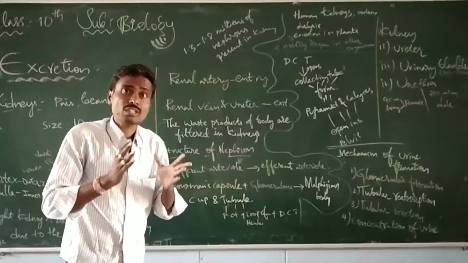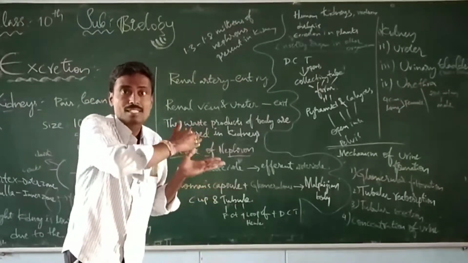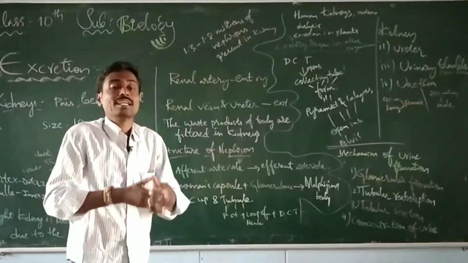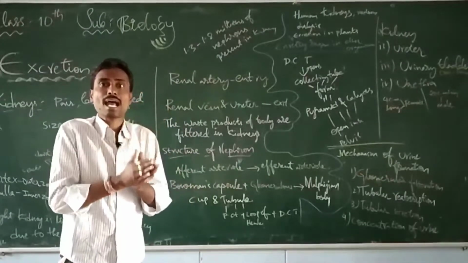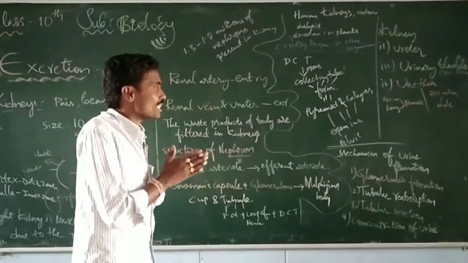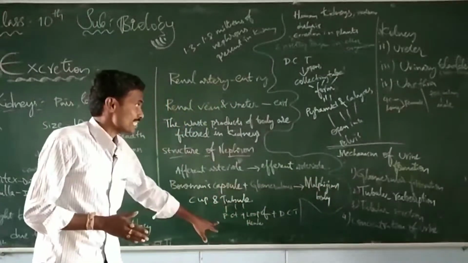So what happens if it is so? All the essential ions and minerals will be lost if it is excreted to outside. So what is to be done? The essential minerals and ions have to be reabsorbed, as is going on in the PCT region.